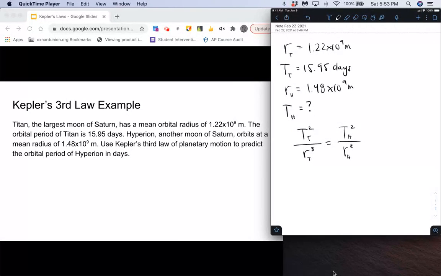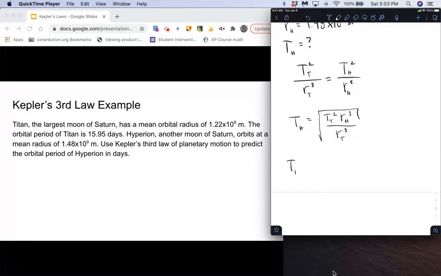And so we're solving for T Hyperion. So T, our period of Hyperion, is going to be equal to the square root of the period of Titan squared times the radius, or R, of Hyperion cubed divided by R Titan cubed.